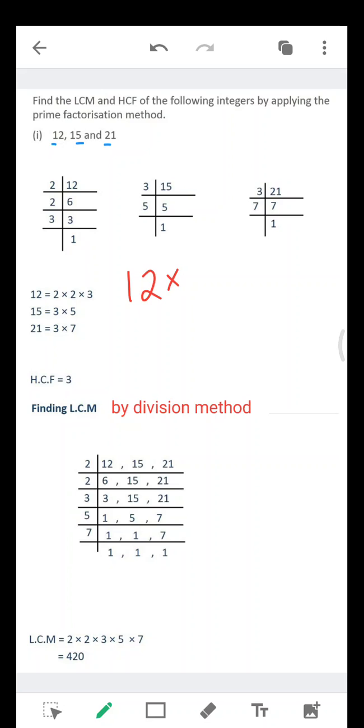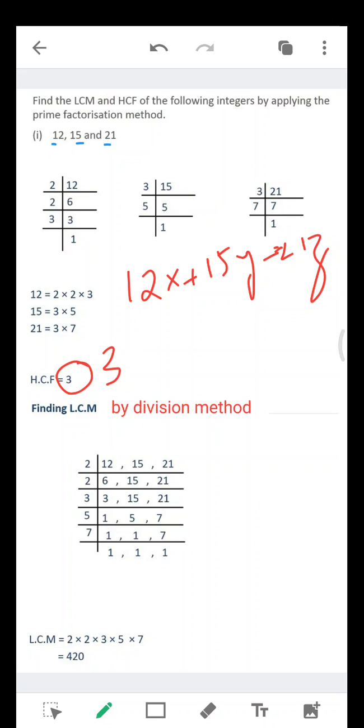If there is an expression 12x plus 15y minus 21z, what can you take common from all of this? You can take 3 common, because the SCF is 3.